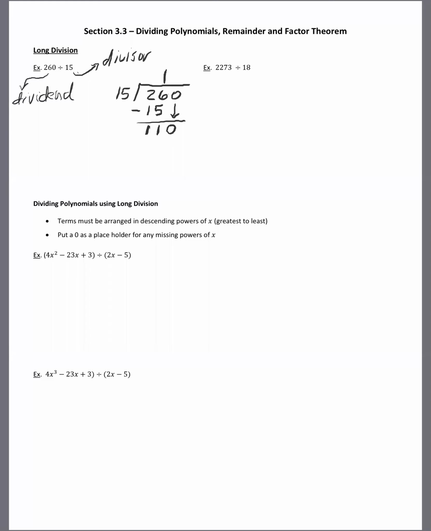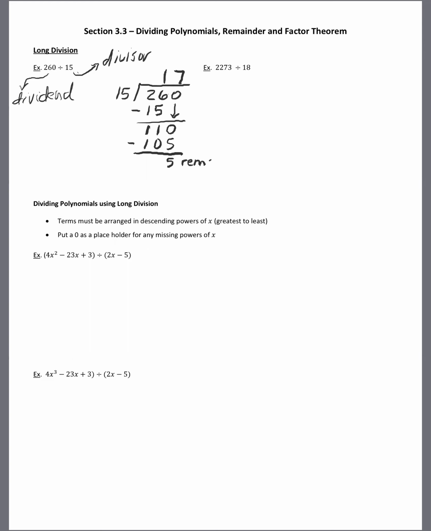So we're going to have to knock it back down to 7. And 7 times 15 then should be 105. And when we subtract that, 5 from 10 is 5, and then that's the only leftover we have. So 5 would be called the remainder. 17 is actually called the quotient.